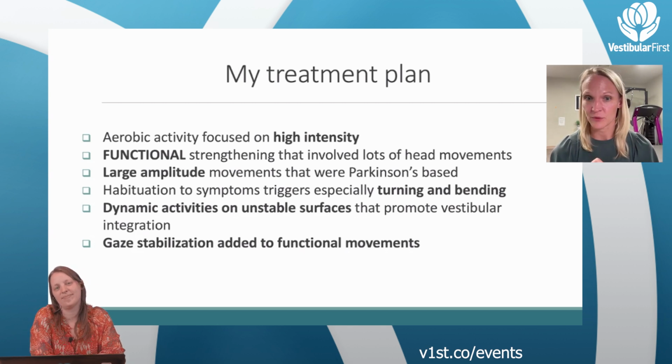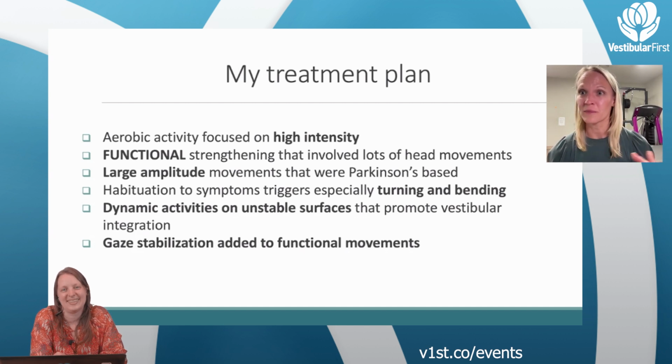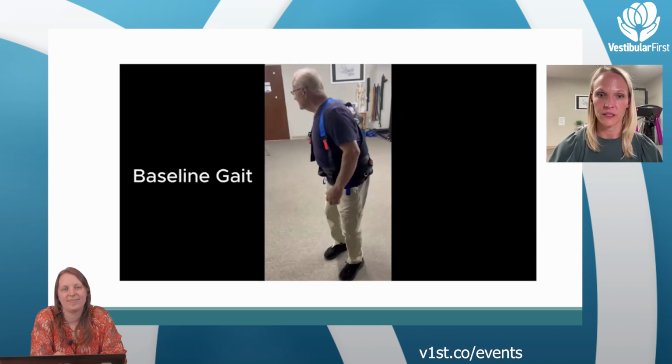He felt really unstable on grass and in the fields, and he owned a farm. So we need to be able to get him out in the field. And then obviously adding in some gaze stabilization where we could in these movements, not spending a lot of time on just isolated gaze stabilization, but integrating it into the stuff that we're doing.